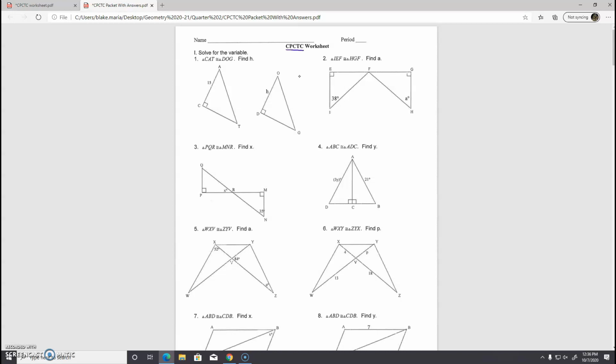So this whole worksheet, they're telling you the triangles are definitely congruent. So now you can use, okay, well, if they're congruent, I know CA should be the same as DO. So CA is 15, which means DO is 15. So H equals 15.